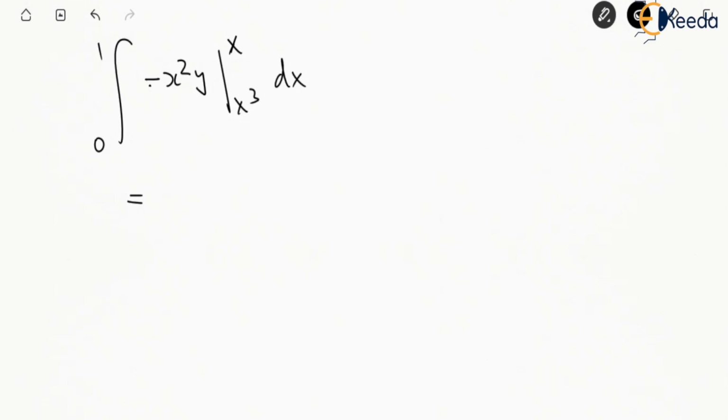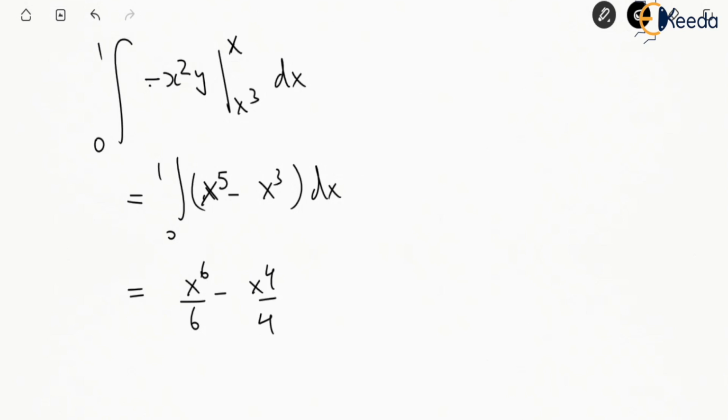So x to the power of 5 minus x cube, and then we can integrate this with respect to x from 0 to 1. So this becomes x to the power 6 by 6 and x to the power 4 by 4.